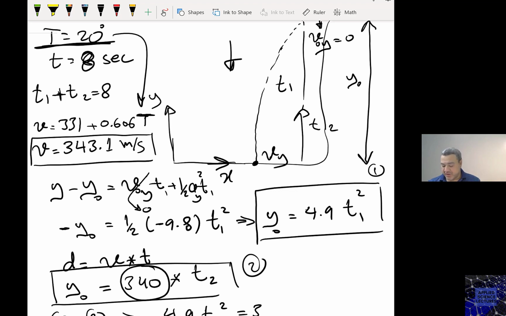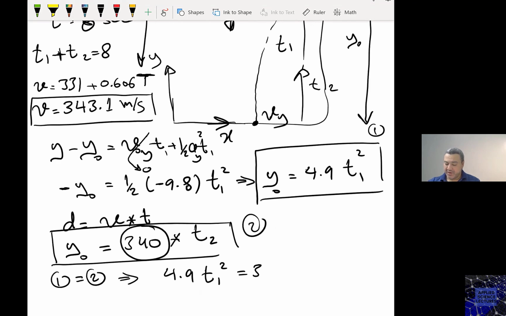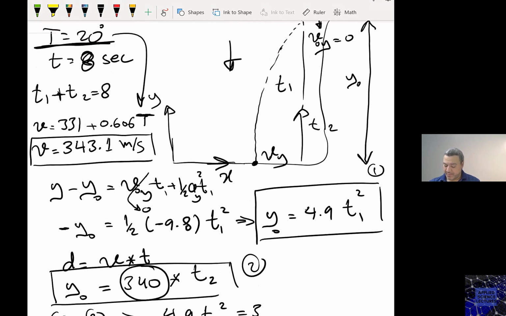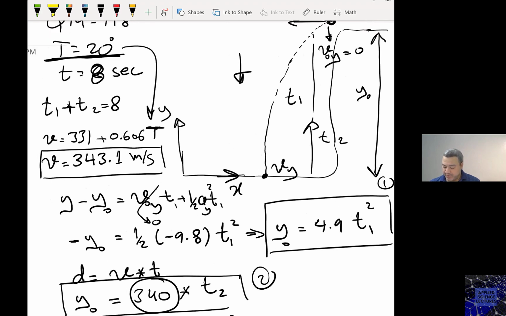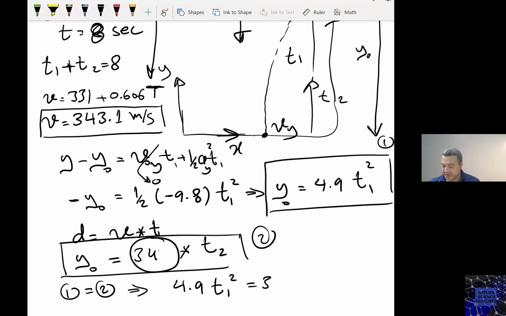If I did not mention the temperature for you, and did not include this equation, which you don't have in the formula sheet, then you go ahead and use 340. But here, let's use 343.1, just to be precise.